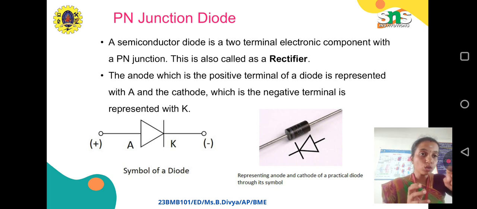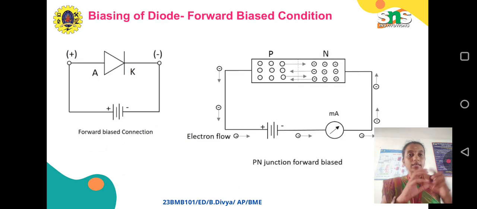The anode end is completely black, coated with a black material, and the cathode is a little gray in color. To identify them, the gray end is the cathode and the completely black end is the anode.